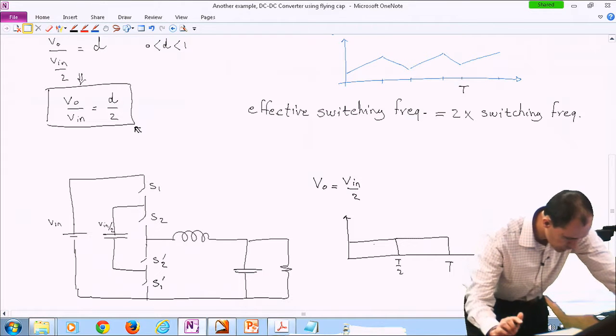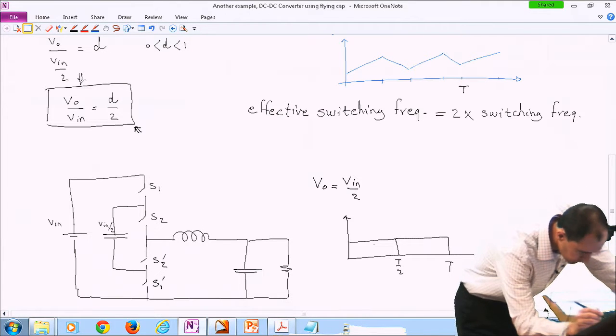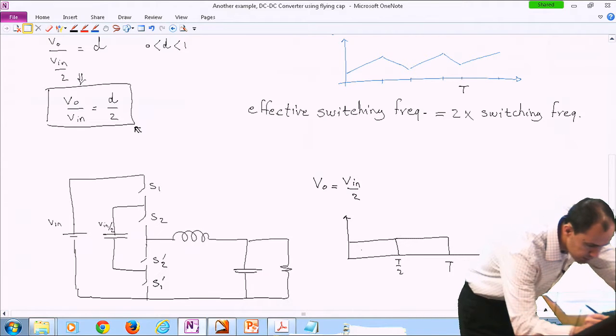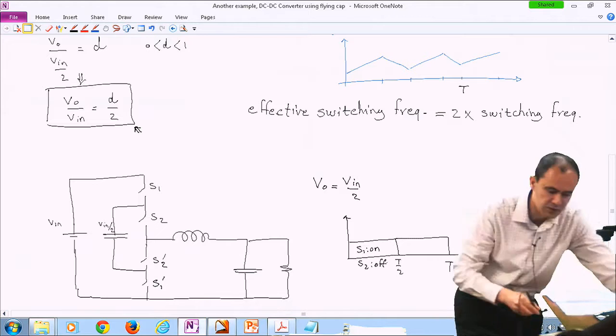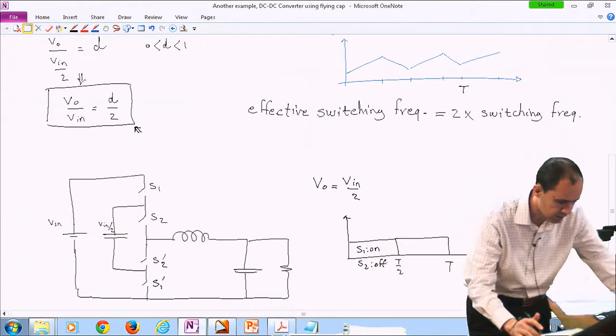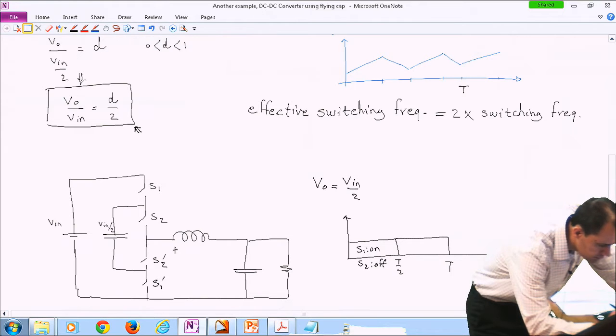So first you turn S1 and S3 on, or S1 and S2 prime basically. Let's say S1 is on, S2 is off. And obviously the complementary switches can take care of themselves. And this is Vx.